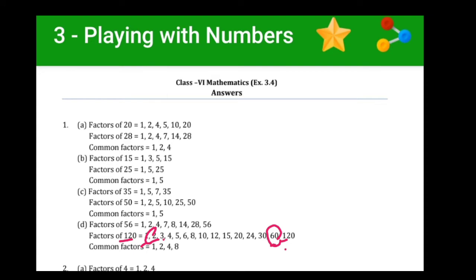After that it is divisible by 3, and the answer is 30. Afterward it is divisible by 4, so it is 24, and 5. Same like that, you get all the factors. Now you have to find the common factors. So 1, 2, 4 and 8 are the common factors of 56 and 120.